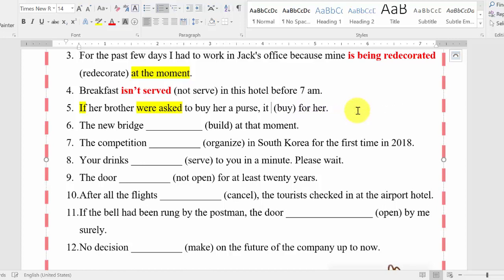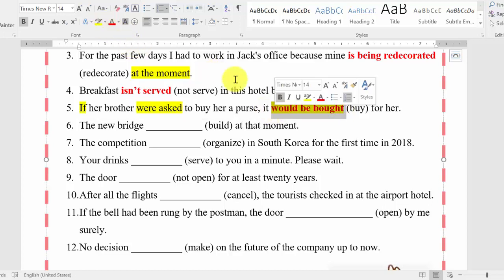Would be buy PP, same as past tense, bought. It would be bought for her. It would be bought by her brother for her. So your answer here would be bought.